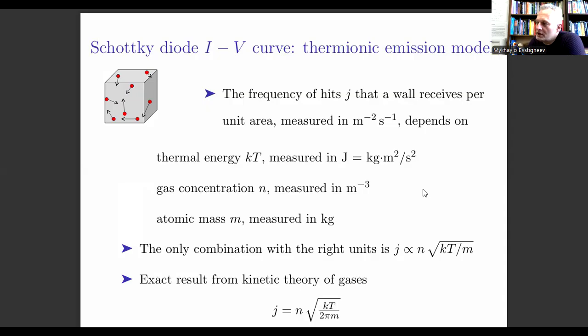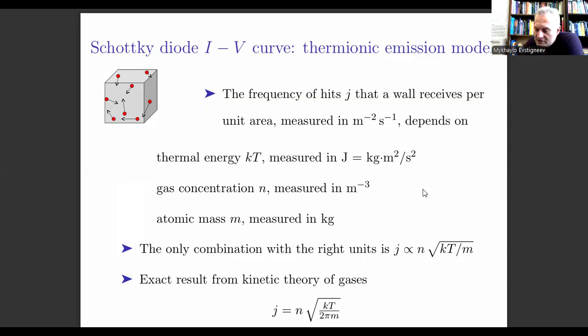Luckily, we know how to convert temperature into thermal energy. We just multiply temperature by Boltzmann's constant k. So kT is the thermal energy, and as energy is measured in newton meter, that's joule, and newton is kilogram meter per second squared, thermal energy is measured in kilogram meter squared per second squared.